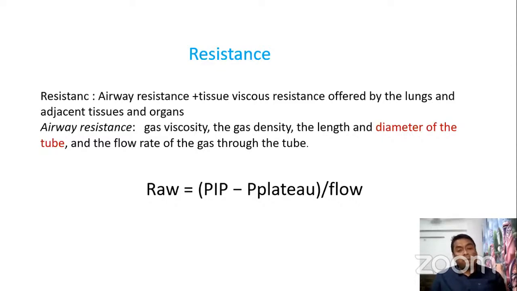The diameter of the tube may be altered by increased secretion, bronchospasm, or a kink of the endotracheal tube. The resistance can be calculated using the following formula: peak inspiratory pressure minus P plateau divided by flow.